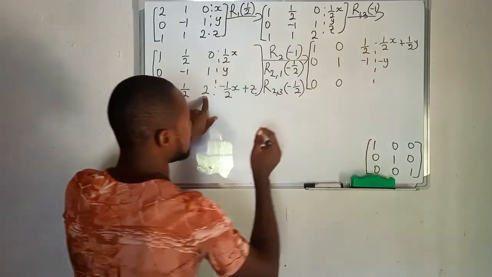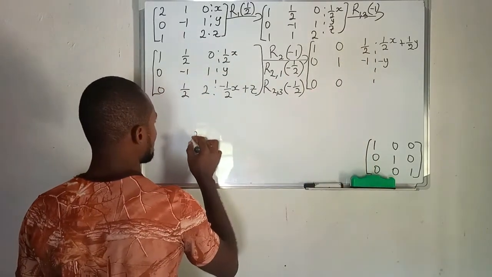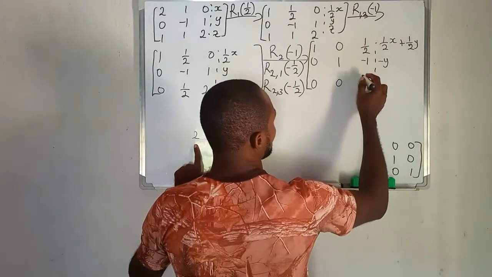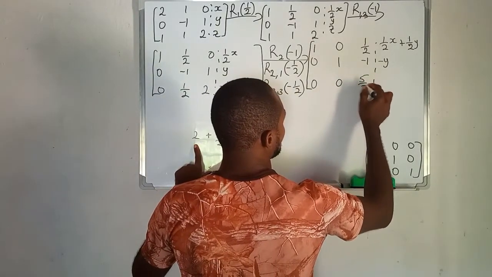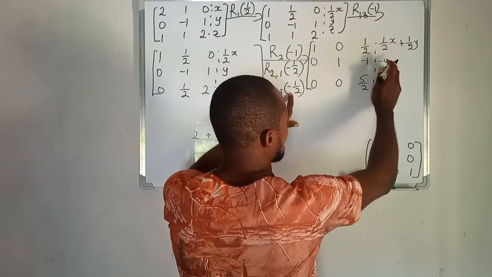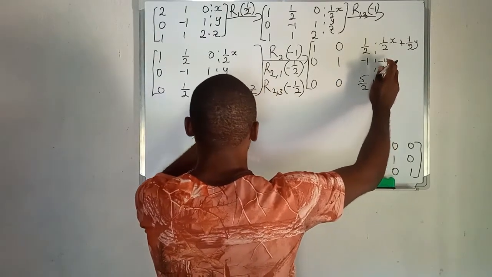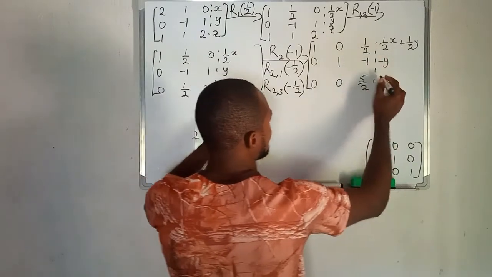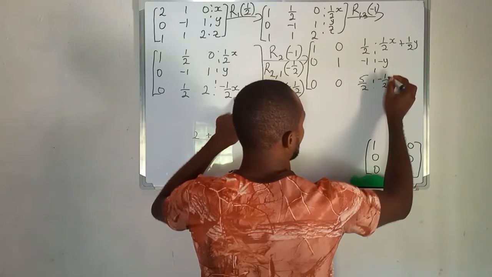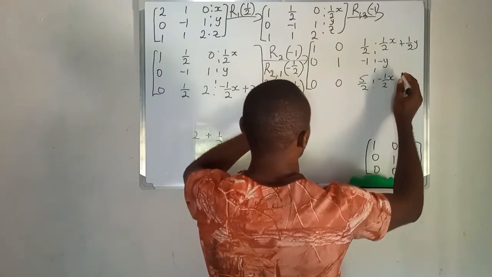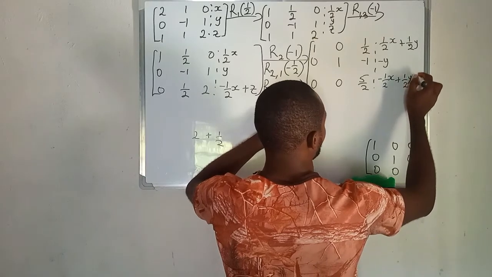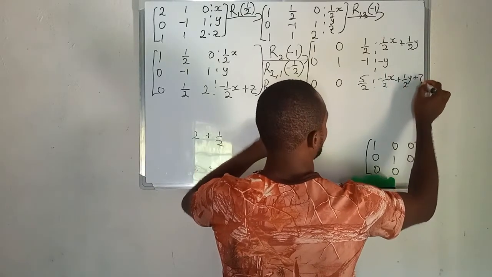Half plus 2, that will be 2 plus 1 over 2, and that will give us 5 over 2. And then we'll multiply this with minus half, and we'll have 1 over 2y, and we'll add it to what we have here. And right here we'll have minus 1 over 2x, then plus 1 over 2y, then plus z.